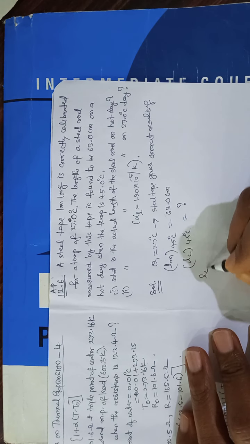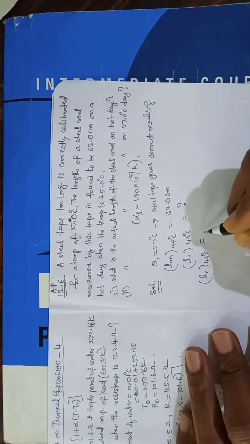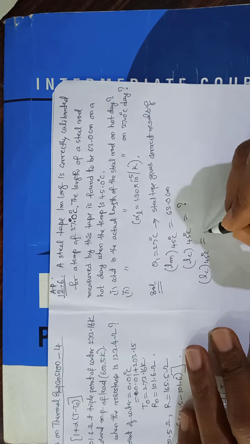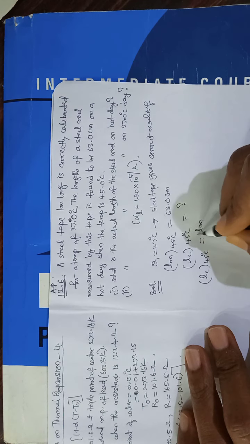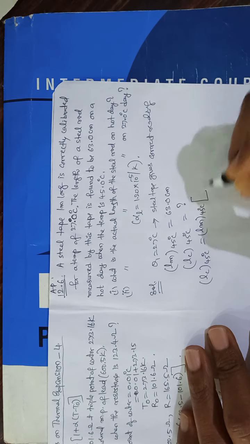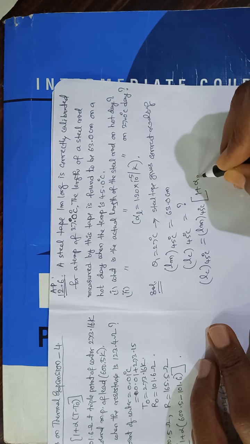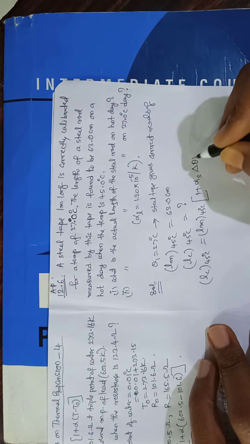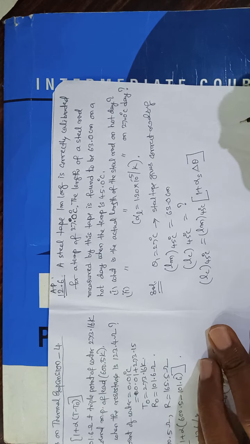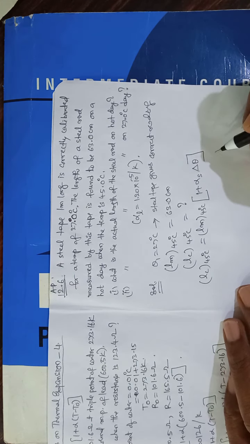So LC at 45 degrees centigrade is equal to LM at 45 degrees centigrade times (1 plus alpha S delta theta). This is the formula we use here.